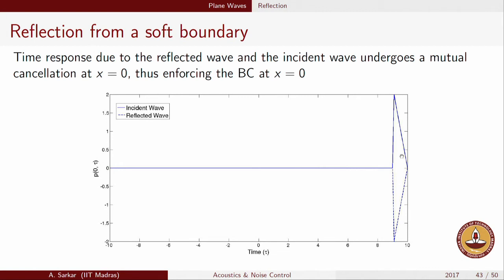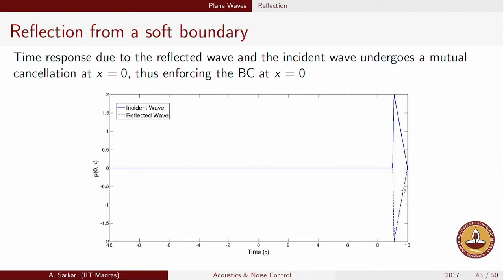And this reflected wave, in other words, if it gives time history equals to this dotted line at x equals to 0, now we can construct, for this time history to occur, what is the snapshot, what is the wave profile over space, right, because we know that the reflected wave has to be a backward travelling wave, right. There is an incident wave which is forward travelling. So, therefore, a backward travelling wave has to get generated.